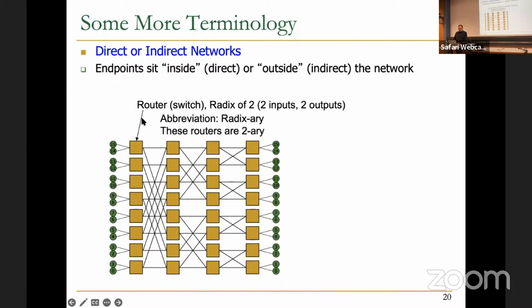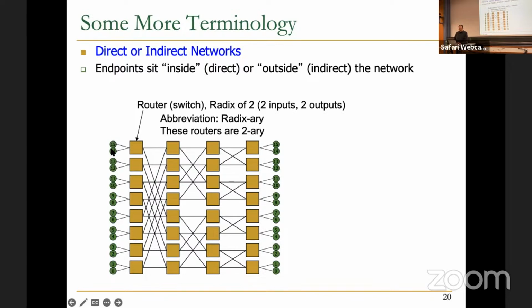So this is an example of an indirect network, where these are your endpoints, like processors. You have 16 processors or caches, for example. And here also you have 16 again. These can be the same or different nodes. So you can also think of 16 processors here connecting to 16 cache banks, let's say. And this is your network.